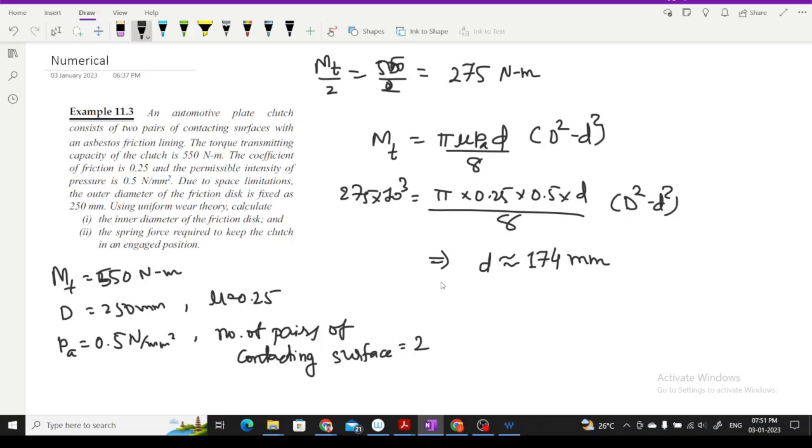Sir, we can't solve a cubic equation with a GATE calculator. Maybe yes. Then you need to go for trial and error.